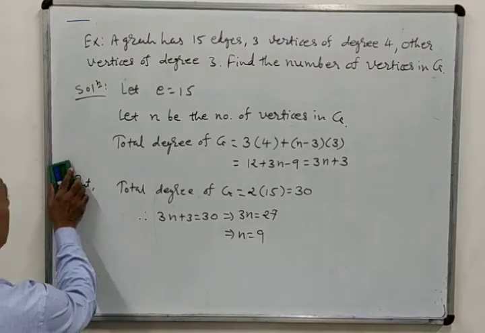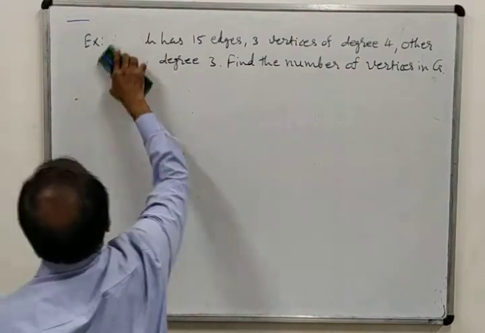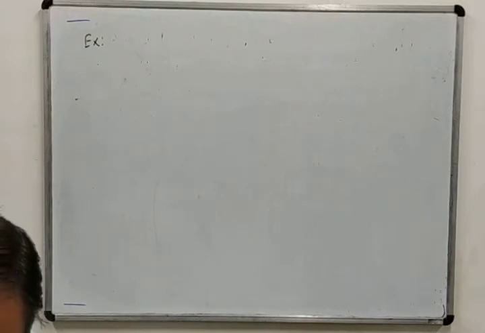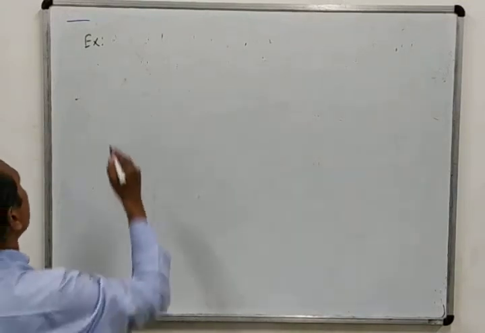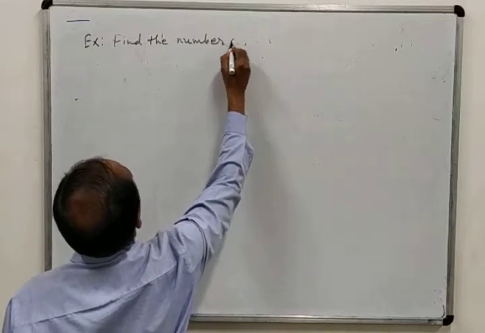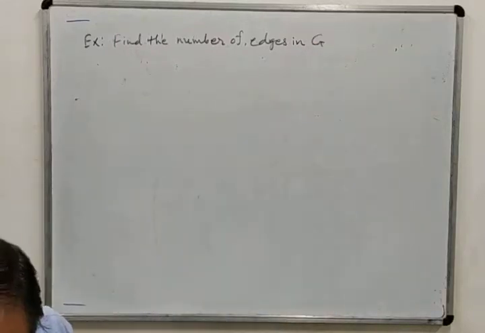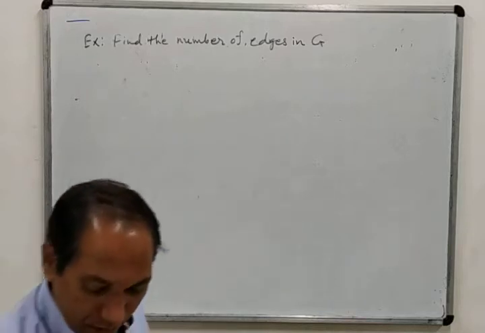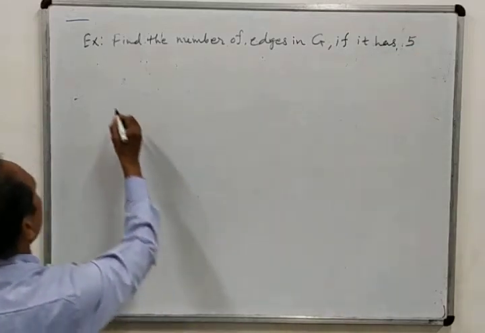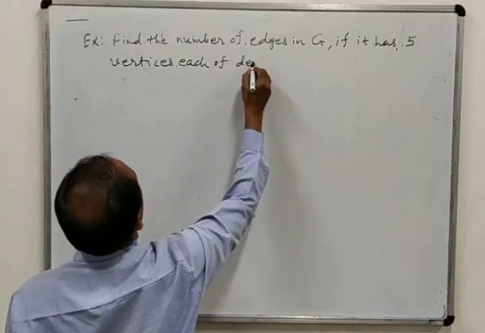Okay, now let us see another example. Find the number of edges in G, if it has 5 vertices, each of degree 2.